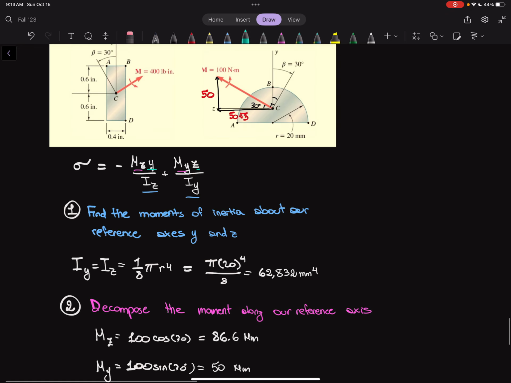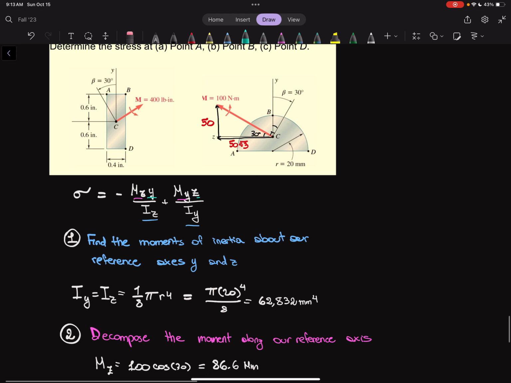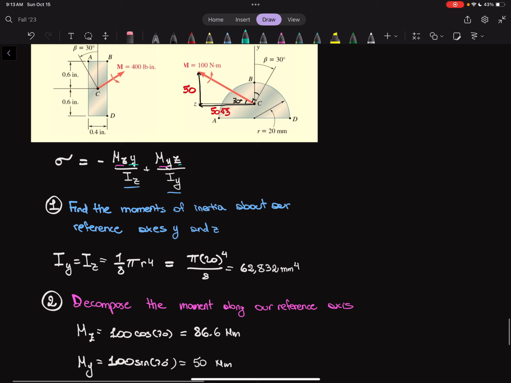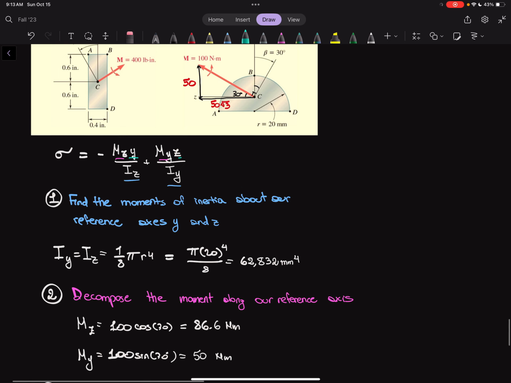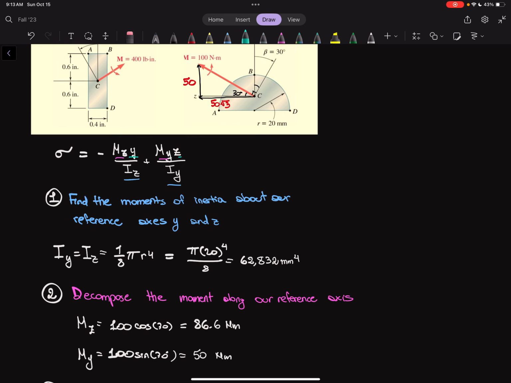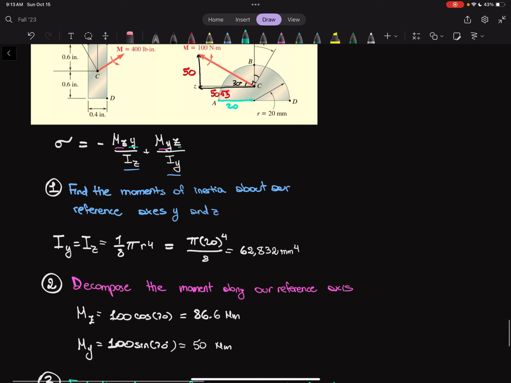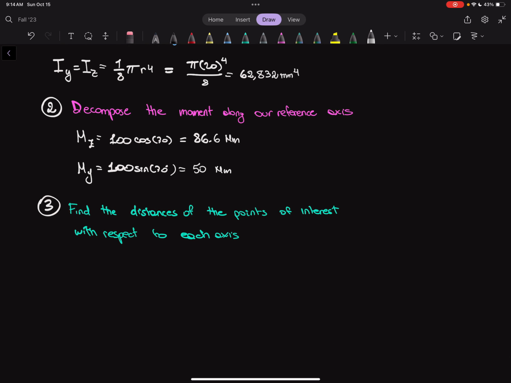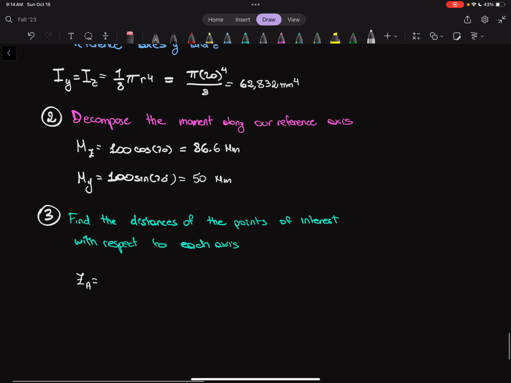So say, for example, I want to find A. What is the distance from Y? Well, that's going to be a Z, and it's going to be the radius. This is the radius, so this is 20. So it's going to go in the positive Z. So ZA is going to be 20 millimeters.